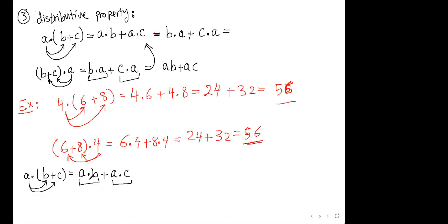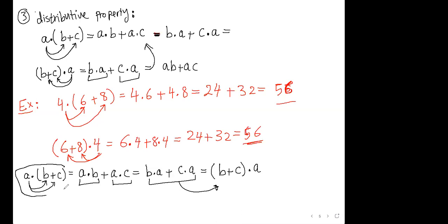So here, A times B is exactly like B times A, and A times C is exactly C times A. And this looks exactly like (B plus C) times A. This looks like B times A plus C times A. So this means this formula is exactly equal to this one.